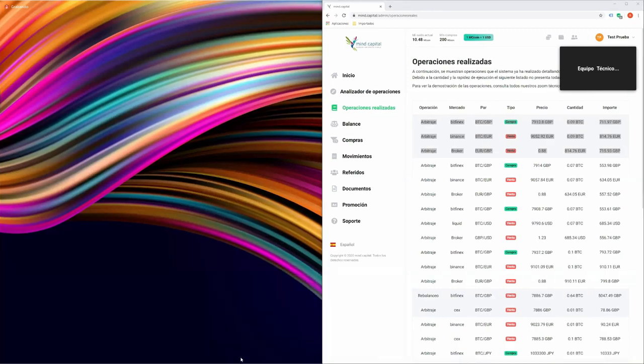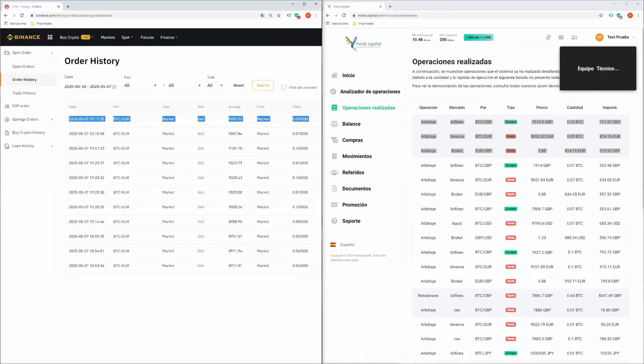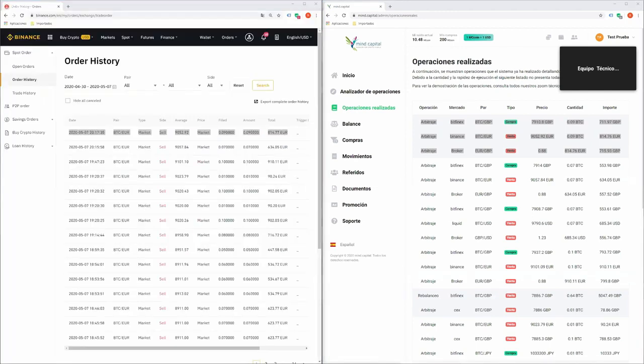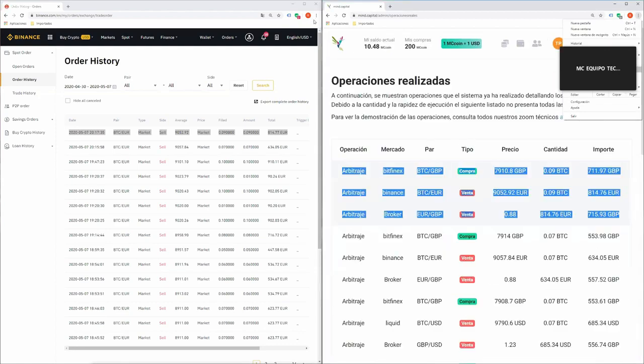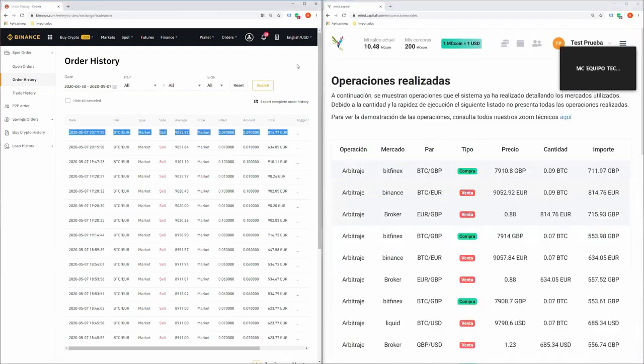Okay, it's very difficult for me to see operations with this monitor. I'm sorry. Put this bigger, and I think this one too.